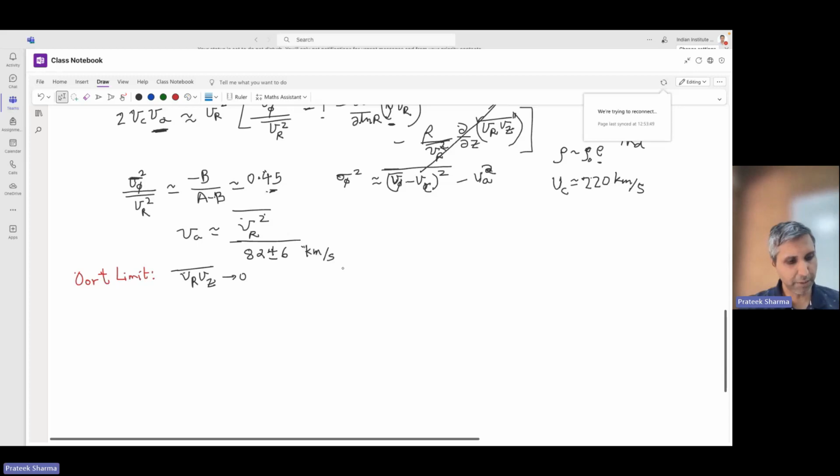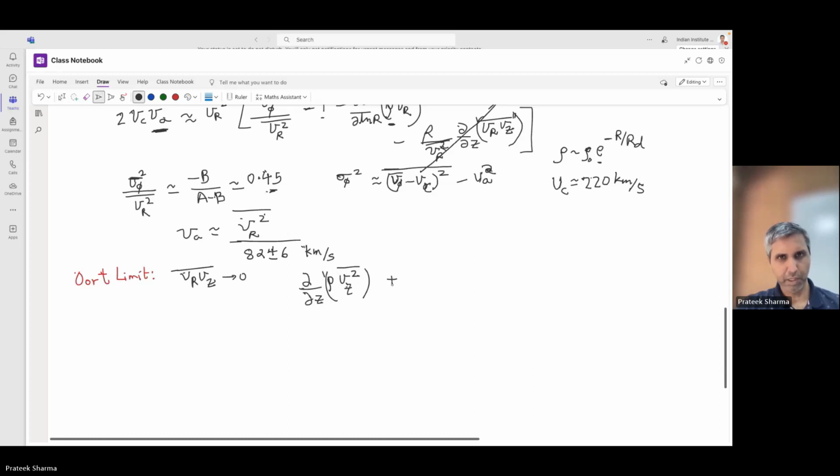So that would be: ∂/∂z of (ρ times the mean of vz squared) plus ρ ∂Φ/∂z equals 0.